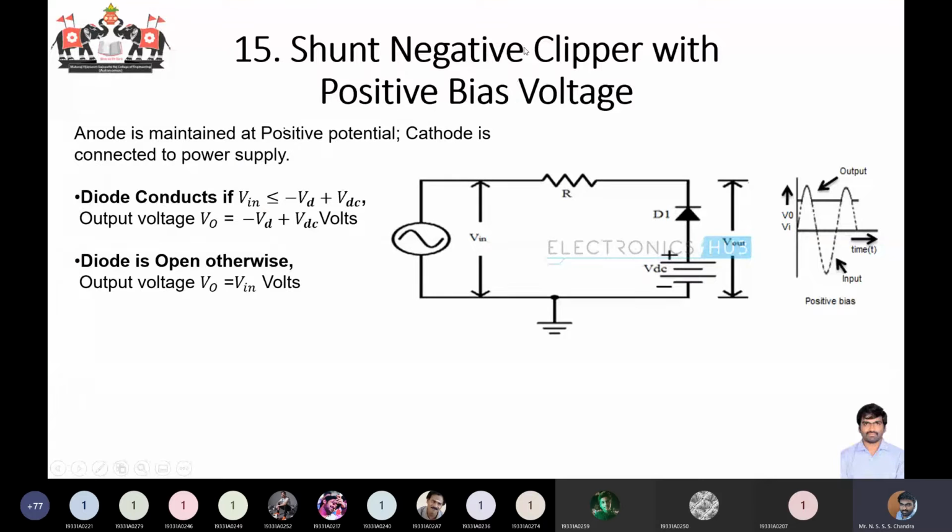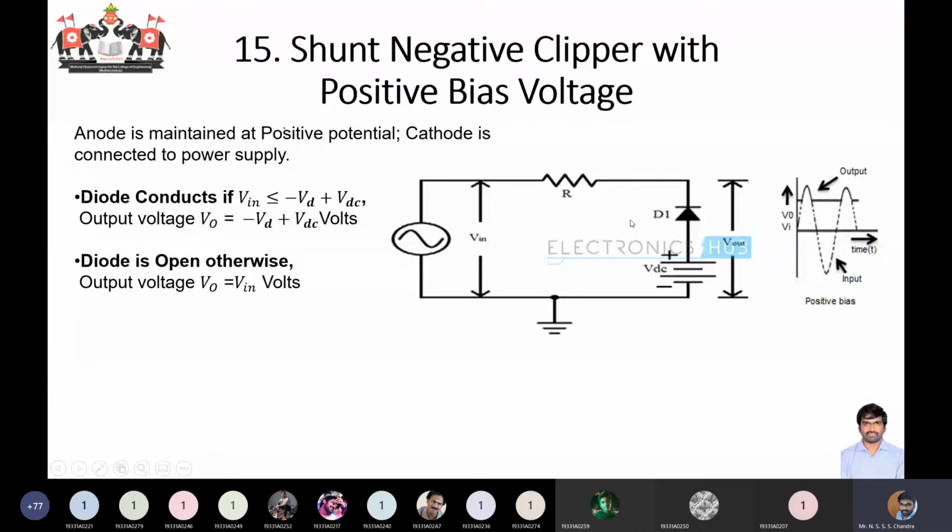Then you have the shunt negative clipper with positive bias voltage. Here the bias voltage is positive, whereas we are reversing this diode from the previous condition. Now the condition for this diode to be on is that the anode voltage should be greater than the cathode voltage.